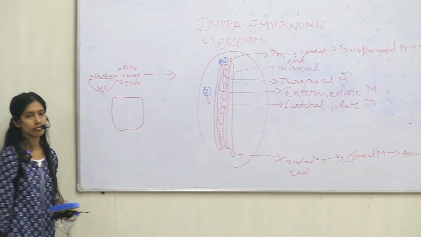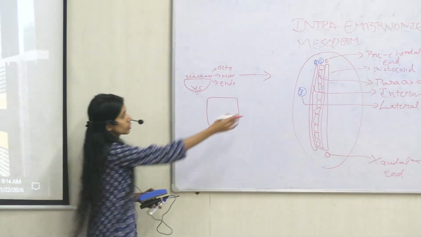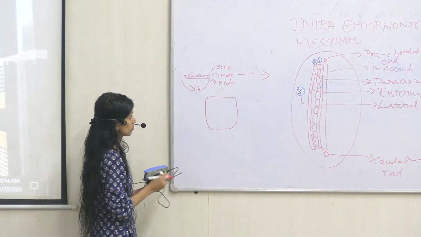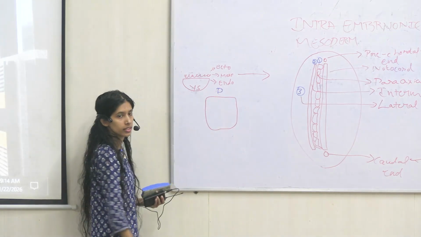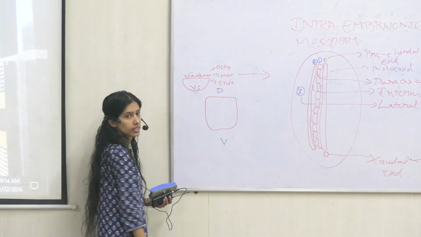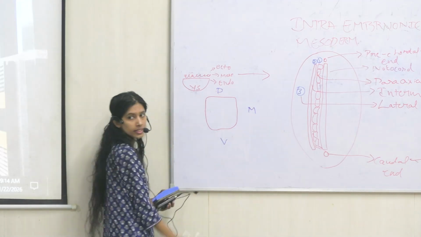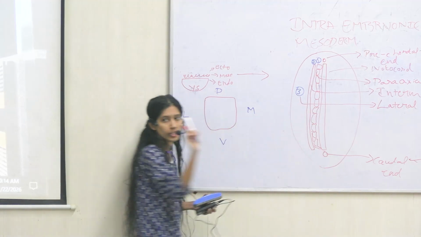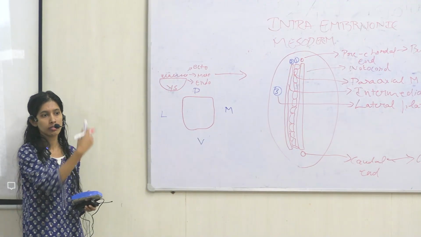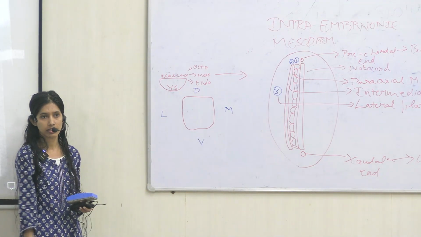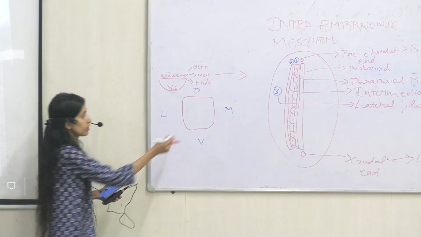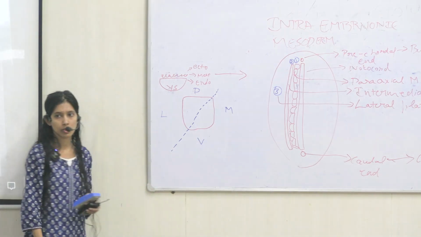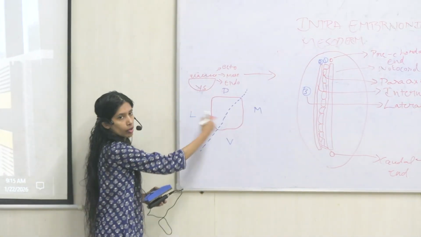Something like this. Now this will be the dorsal side, and this is the ventral side. Next we have the medial side, and this is the lateral side. I am just discussing one cuboidal cell now. We have dorsal, ventral, medial and lateral sides. And this cuboidal cell is divided into two parts diagonally, not vertically or horizontally.